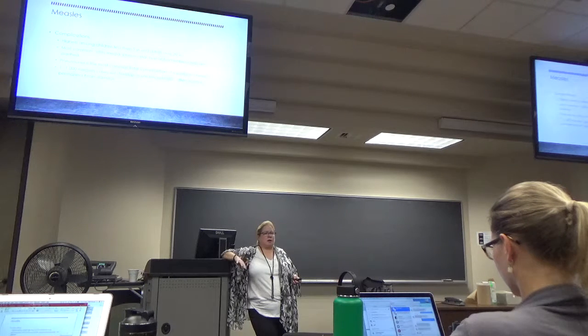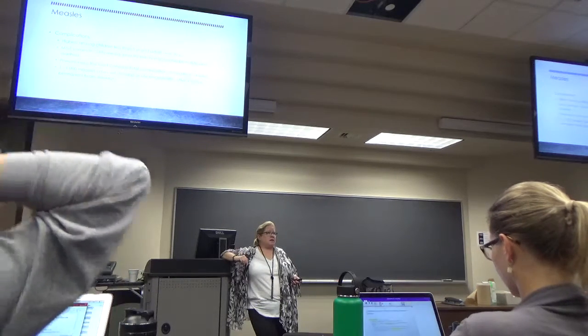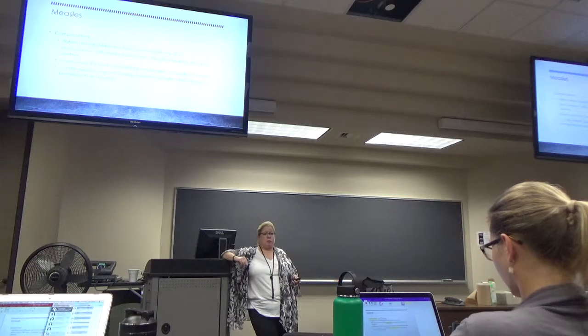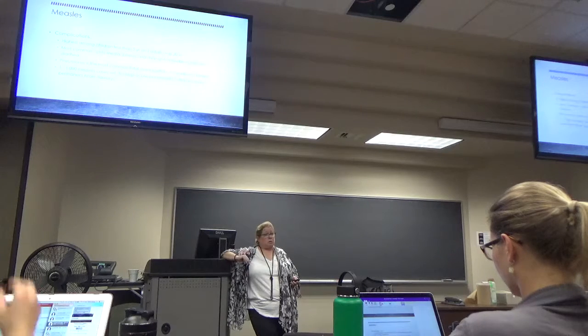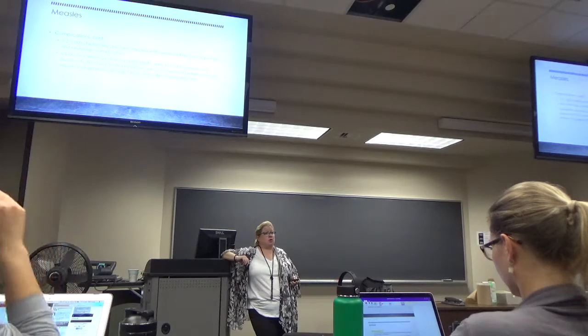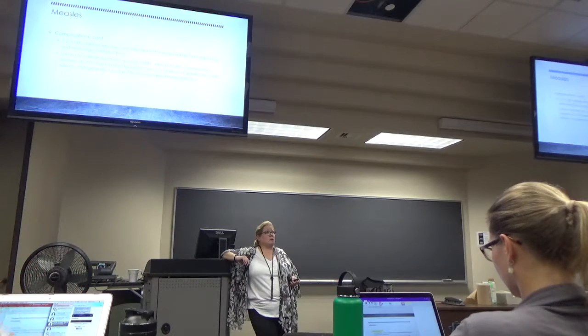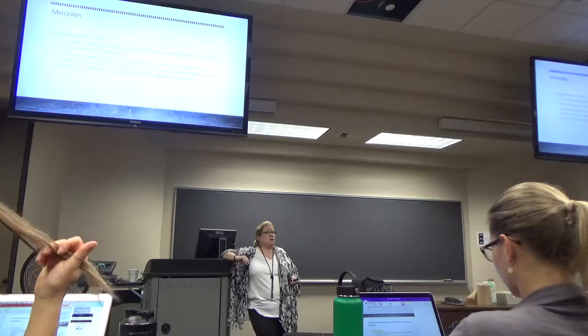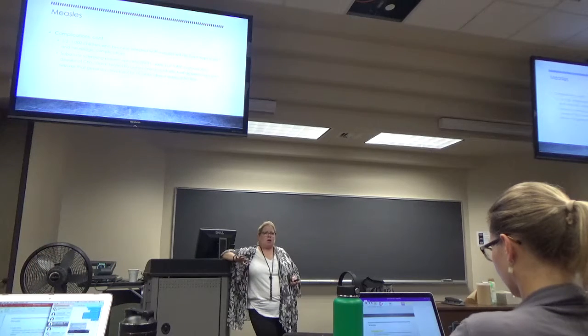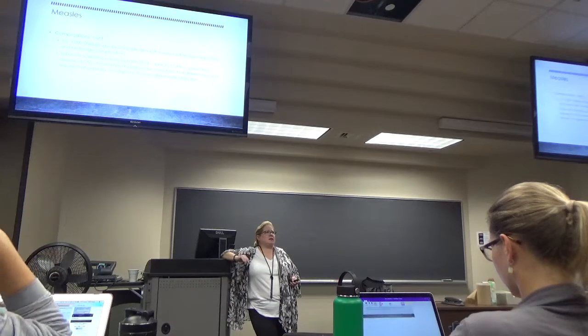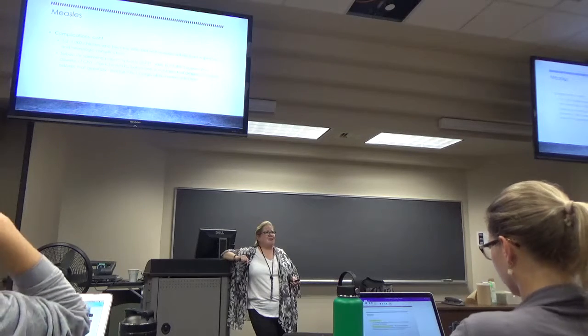You can also get an encephalitis. 1 in 1,000 measles cases will get an encephalitis, and this can lead to permanent brain damage. So those two things may not kill you, but they can stick around and affect you for the rest of your life. There's also a very rare potential side effect, subacute sclerosing panencephalitis.